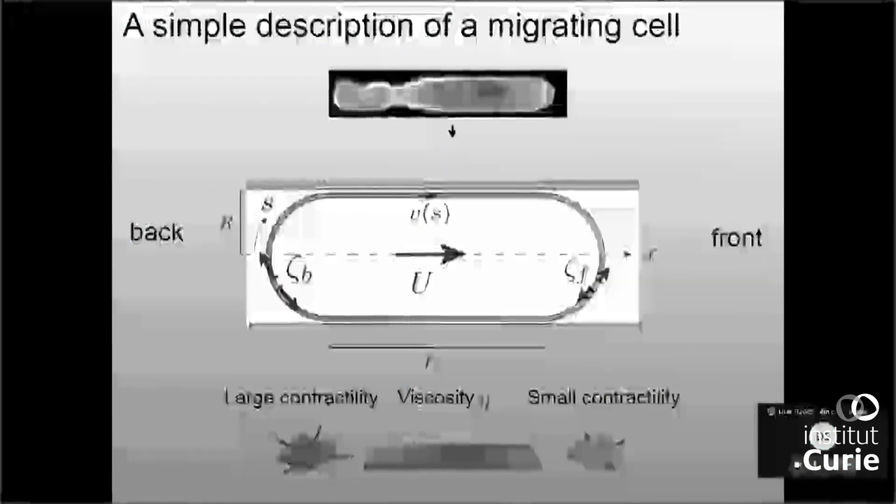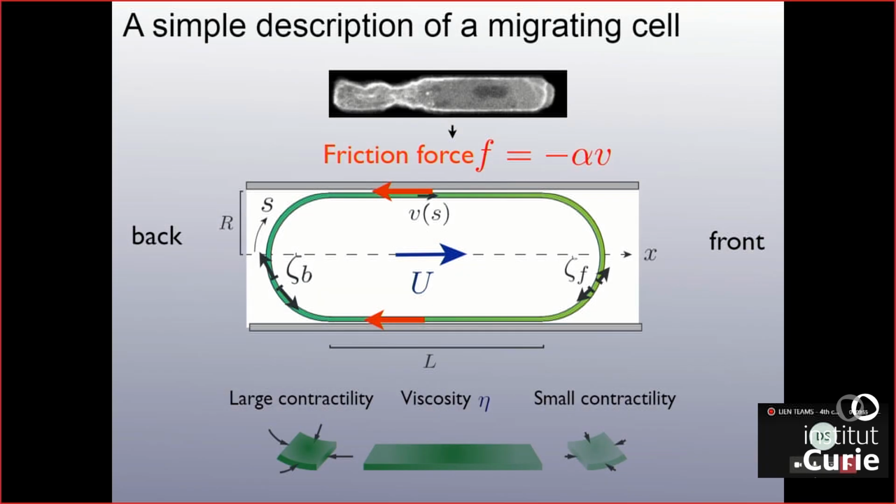And then this is going to give rise to a flow because of the higher contractility in the back. And since the cell is confined in a channel, there is in general going to be a friction force that acts against the flow of the cell surface.